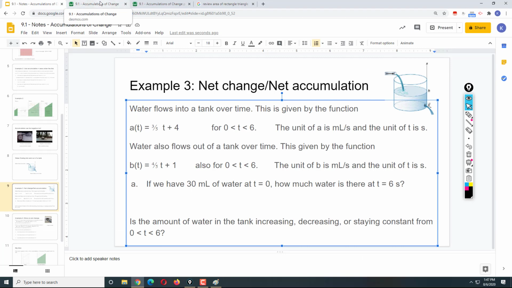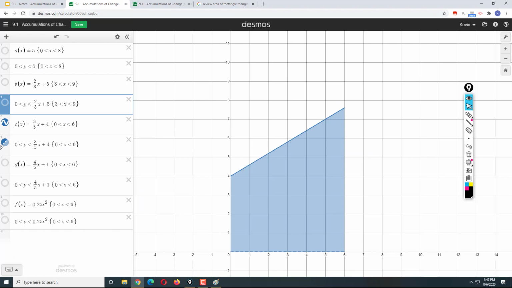Here's how much water is coming in. The line here, the blue line, is the rate of water entering. So the area is the amount of water that came in. Next, the orange is the rate of water leaving, the water going out.